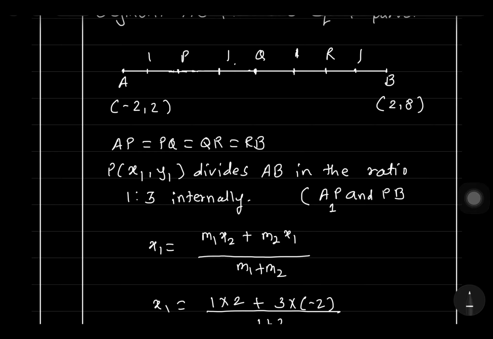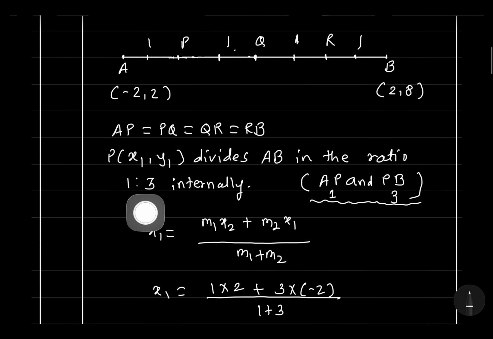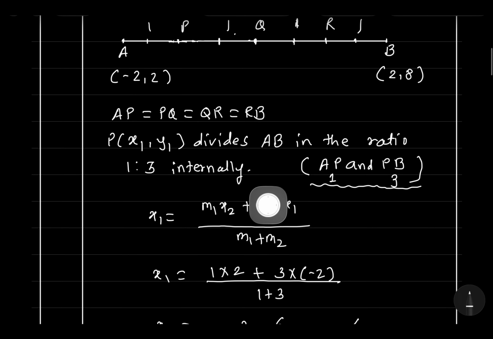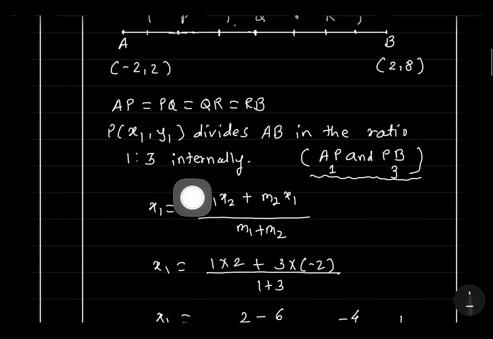AP is one part, and PB is 3 parts: 1, 2 and 3. This is the explanation of how it becomes 1 and 3 parts, because this 1:3 ratio is important. We need m1 and m2, where the first ratio is m1 and the other is m2.